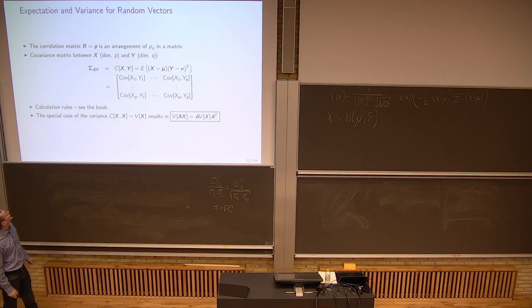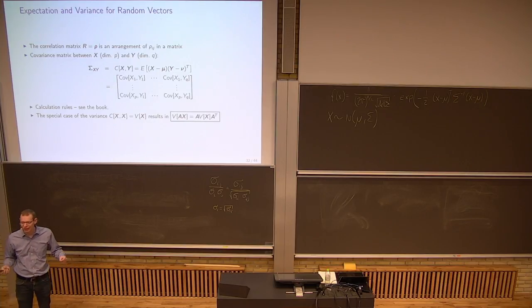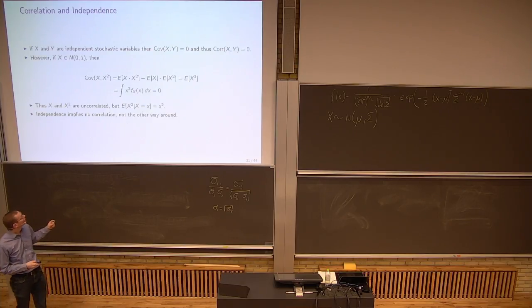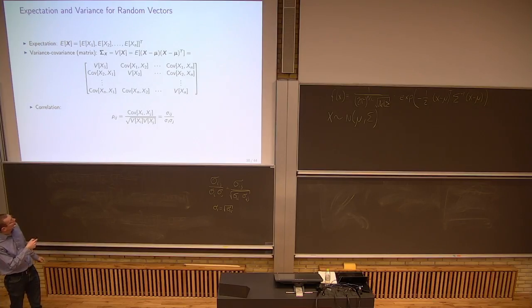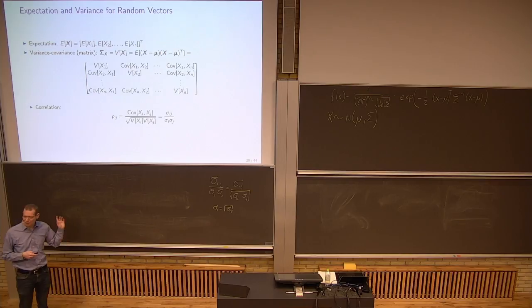Now, if we have two vectors x and y, the correlation matrix is basically just taking all the elements here and putting those into a matrix. I just want to have it stated.